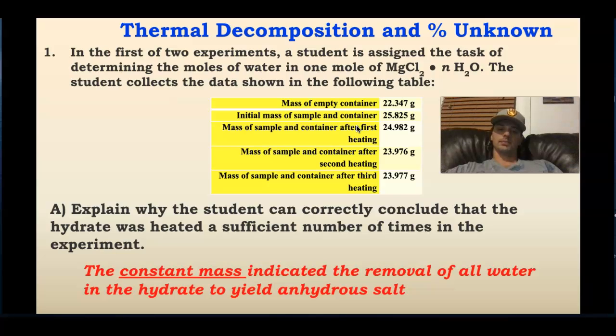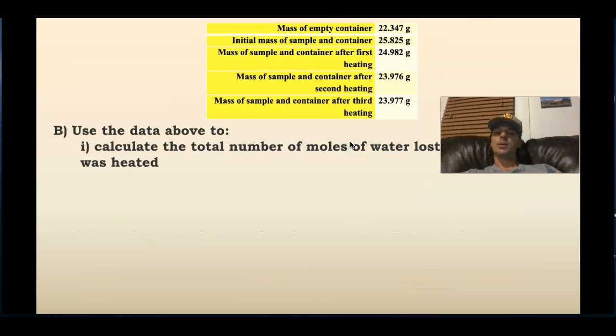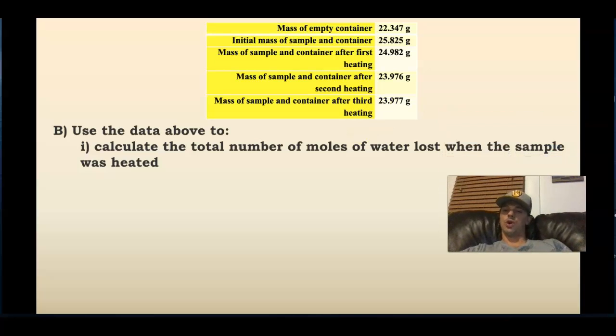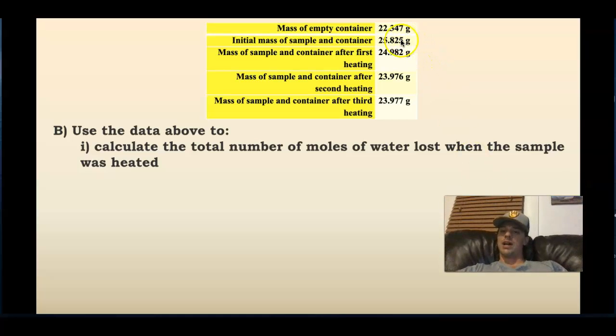All right. Letter B. Using the data above, calculate the total number of moles of water lost when the sample was heated. So I started with 25.825. I ended with 23.977. What did I lose in that process? I'm losing water.